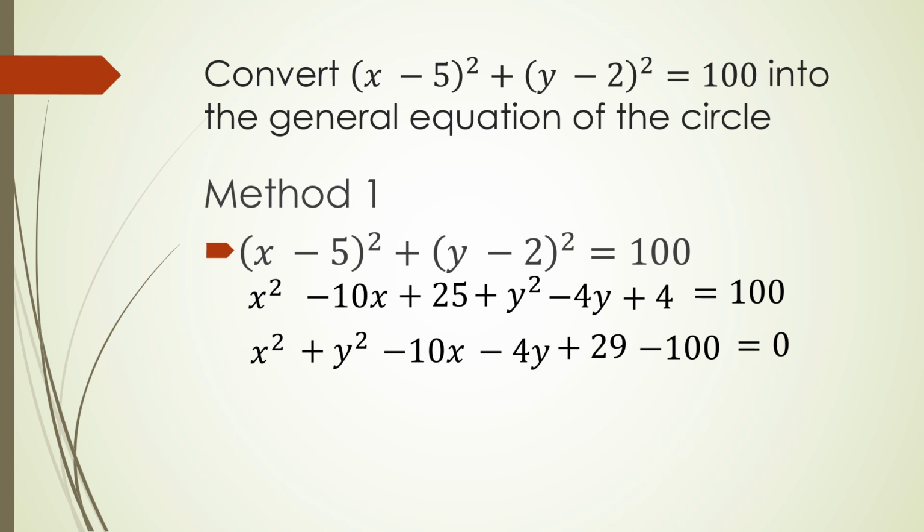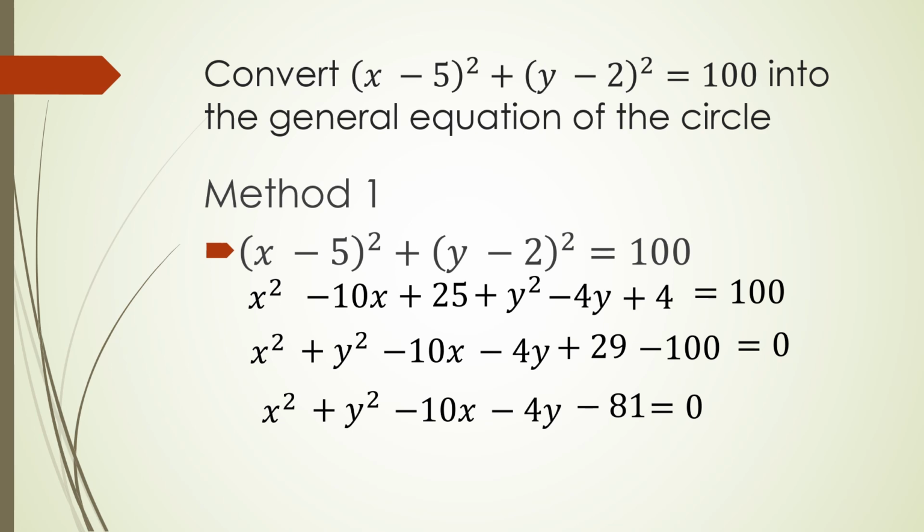Afterwards, we just have to simplify 29 - 100. So we'll have x² + y² - 10x - 4y - 81 = 0. And that is the general equation of the circle for (x - 5)² + (y - 2)² = 100.